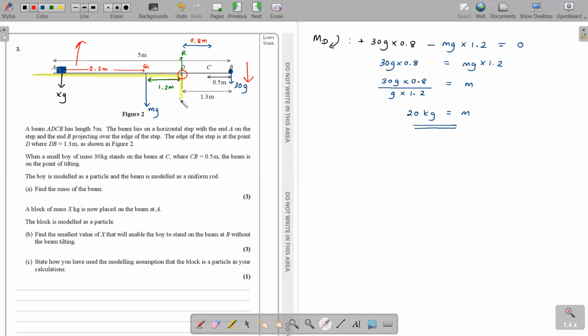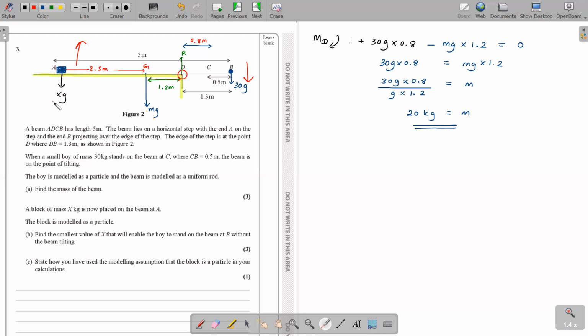Okay, so now they place a mass here. With the support of the mass here, you realize that it can help to prevent the tilt, right? So the boy is at this corner and they have placed the support weight at this end.